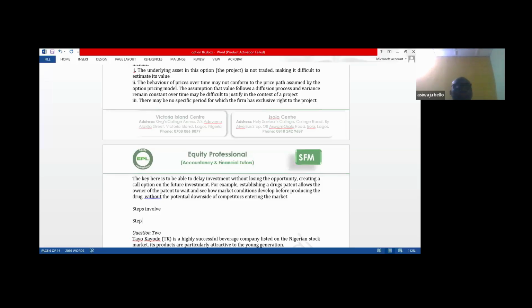Step 1: Calculate NPV without the option to delay.